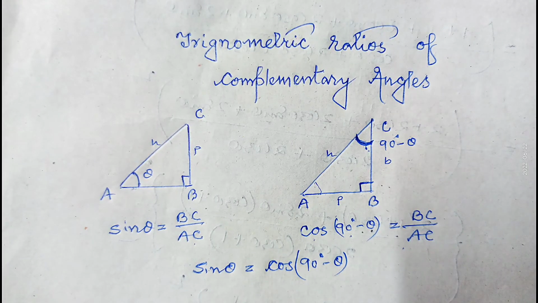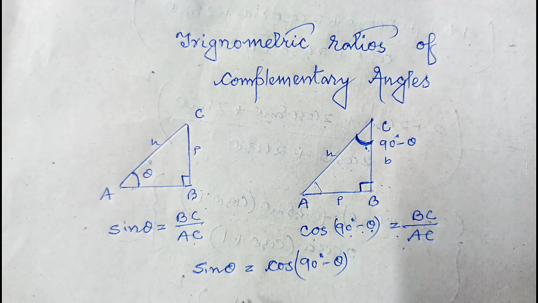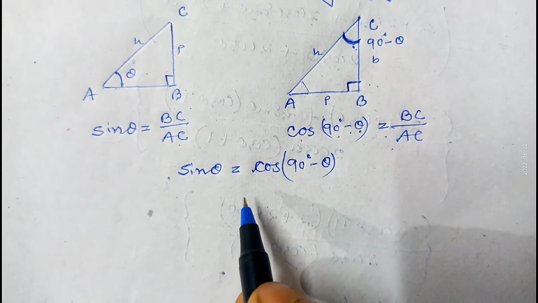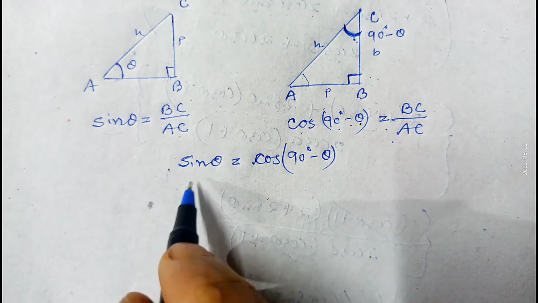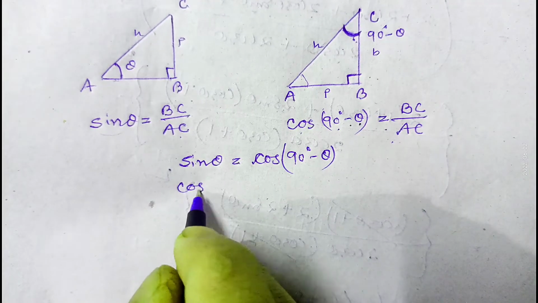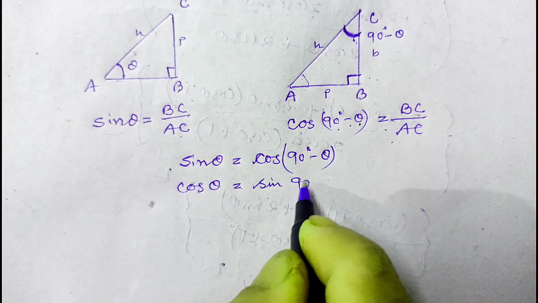These relations we have to remember, because they are required while doing sums of 8C. Now the first relation is sine theta equal to cos of 90 minus theta. The second relation we can write: cos theta equals sine of 90 minus theta.